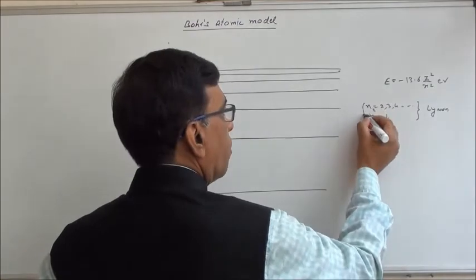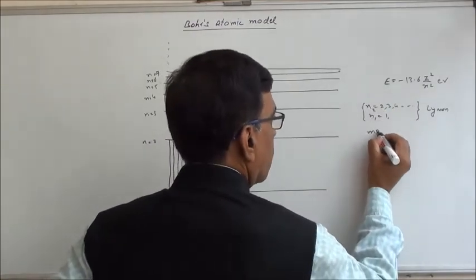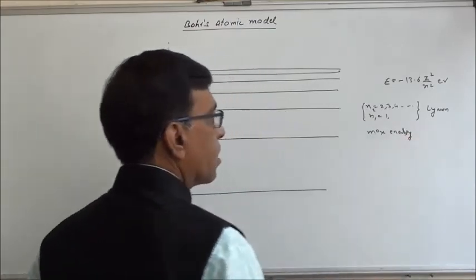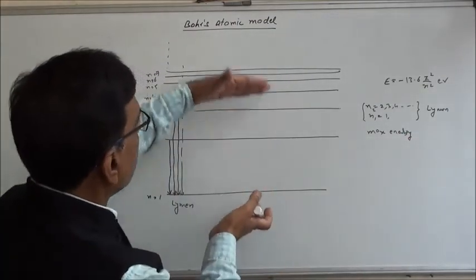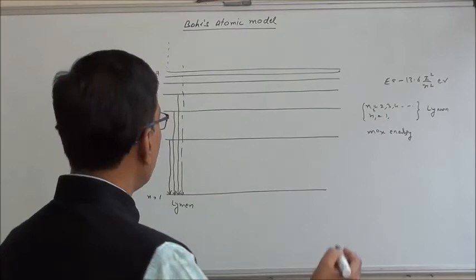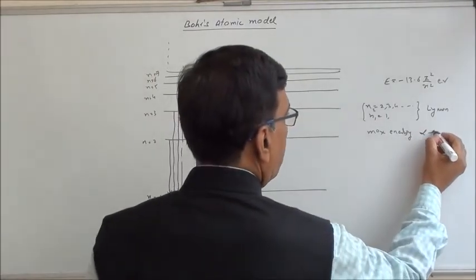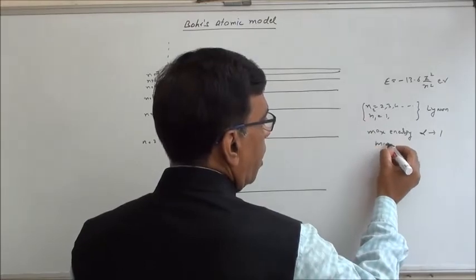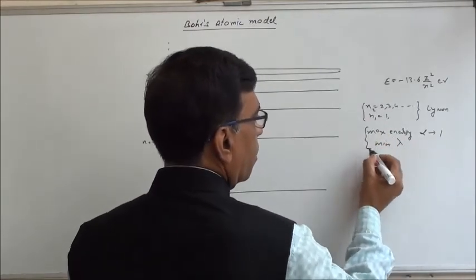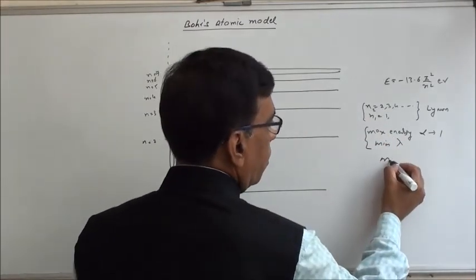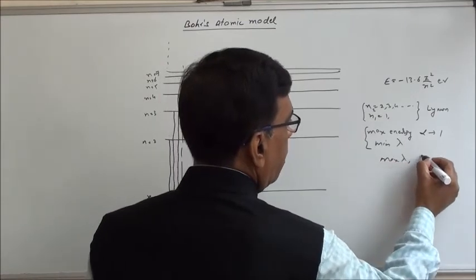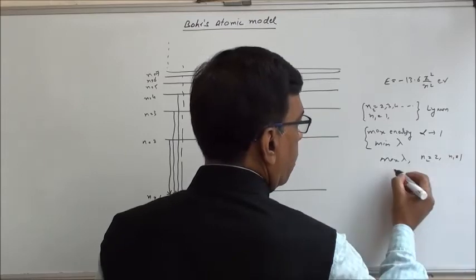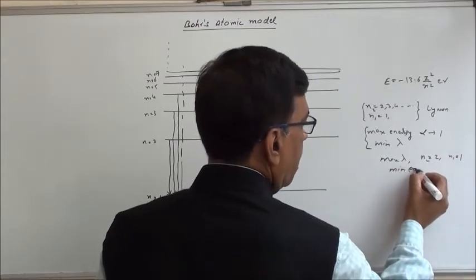Which one will have maximum energy? The more the difference, the more the energy involved. So when it is coming from infinity to 1, energy is maximum, and the same will have minimum wavelength. Maximum wavelength will be when it is coming from 2 to 1, and this will have minimum energy.